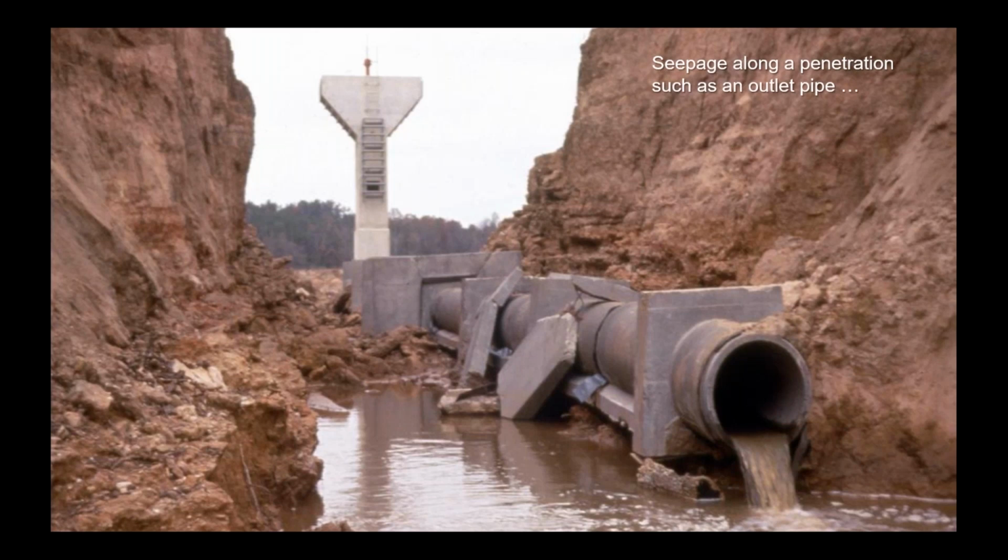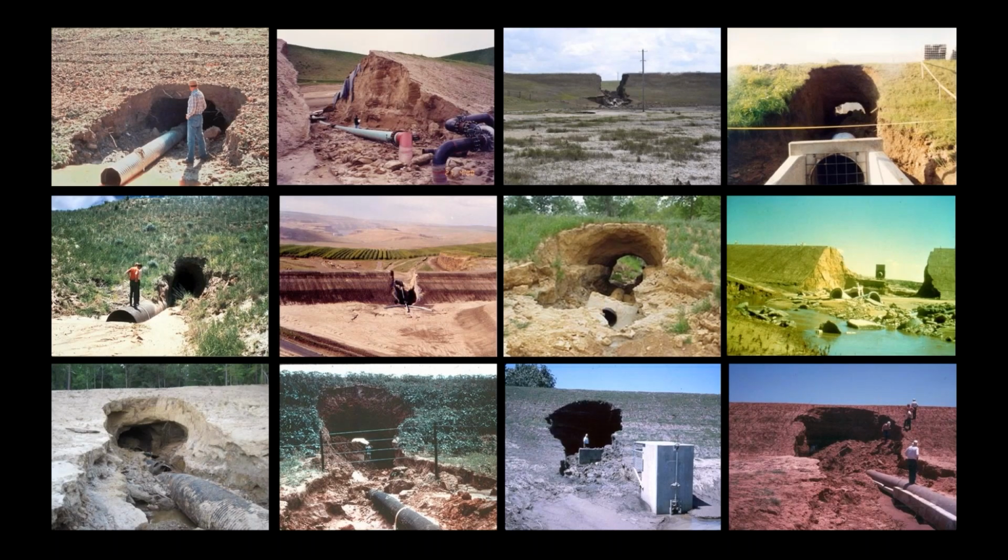Now, if you look at this one, it has all kinds of defensive measures. It has these anti-seep collars, it has a concrete cradle, it has a good pre-stressed concrete cylinder pipe with watertight joints, yet we still see that this is a problem. I've got about 100 pictures of different dams that have failed.